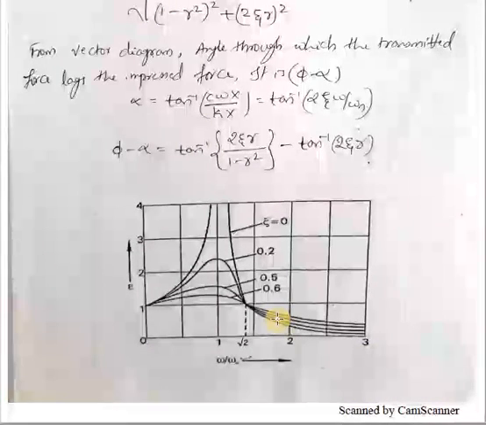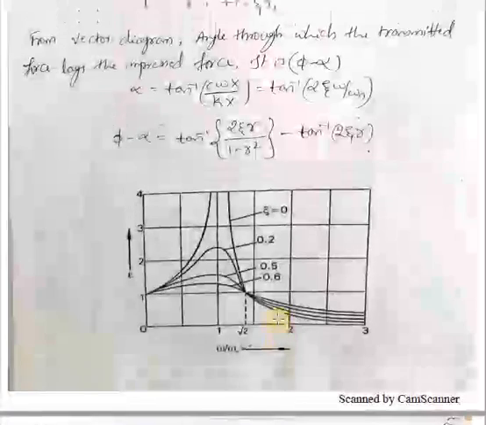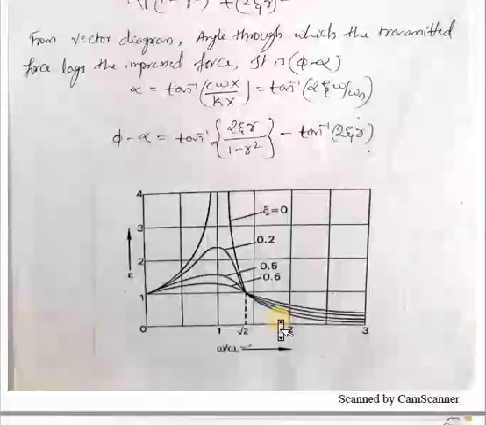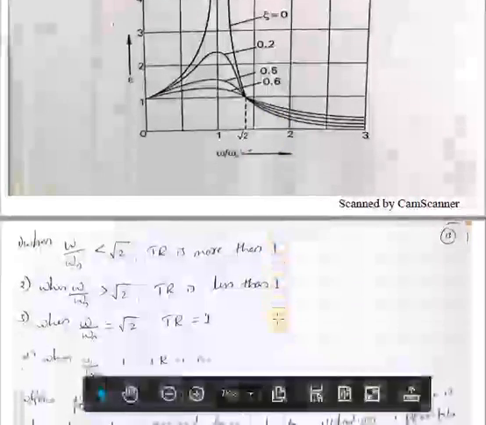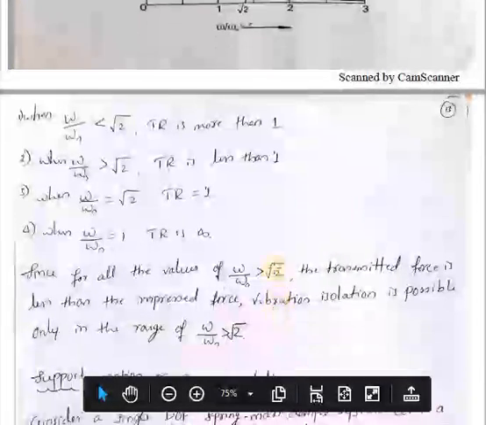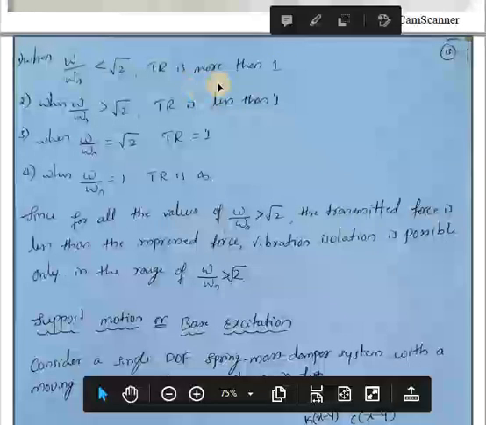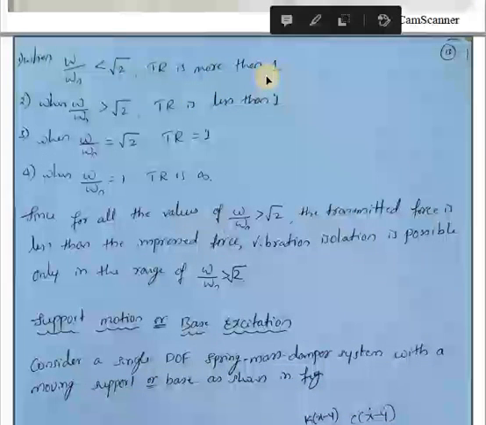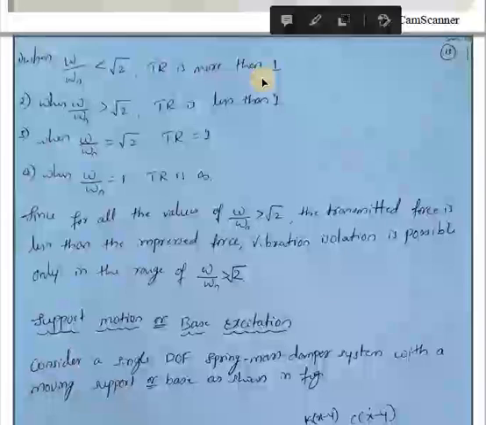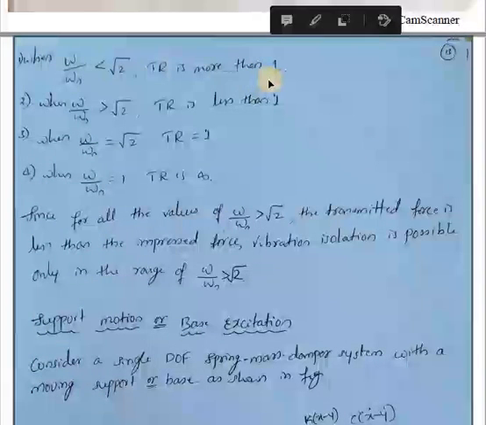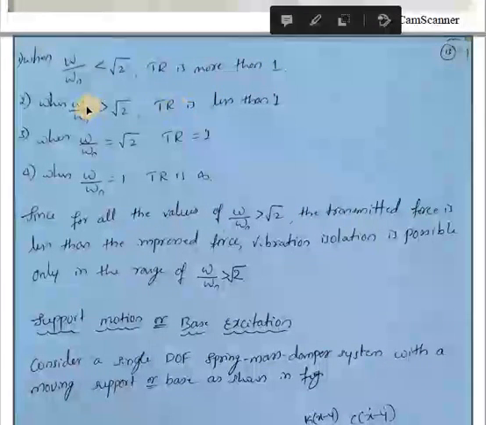In this figure you can observe that when omega by omega n is less than root 2, the transmissibility ratio is more than 1. That is, the transmitted force is more than the exciting force. The second case is when omega by omega n is greater than root 2, the transmissibility ratio is less than 1, so the transmitted force is less than the impressed force.